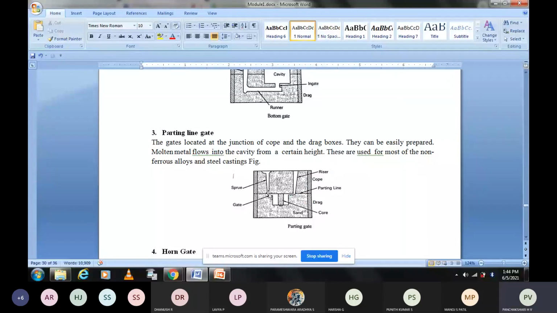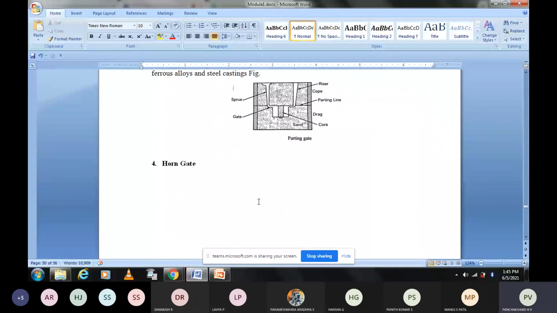So along the parting line, the gates are provided. See here one gate and this is the other gate. Two gates are provided. This is the riser, this is the runner. So liquid metal is coming like this and filling here and then it is rising like this. Along the parting line, the gate is provided, then it is called as parting line gate.